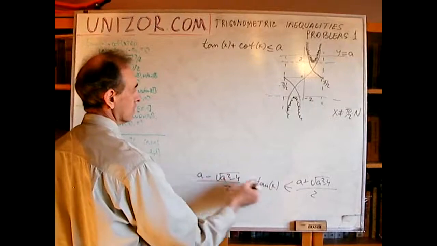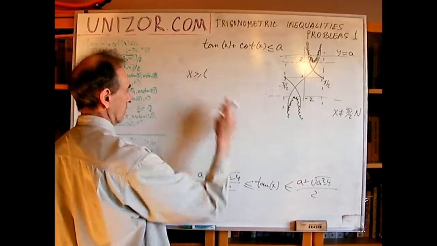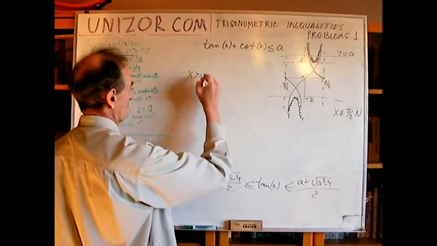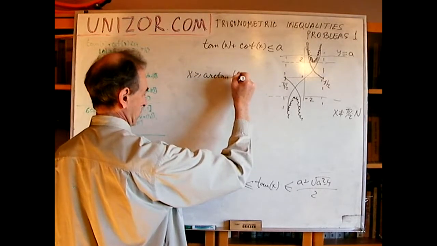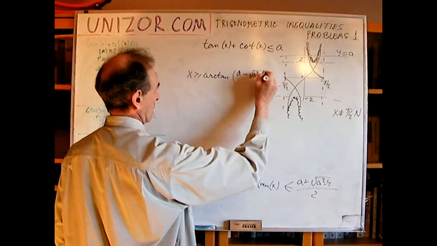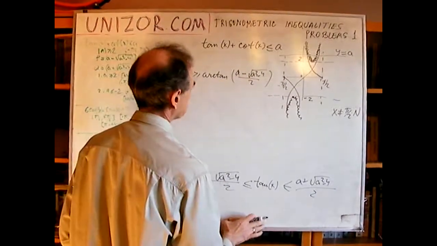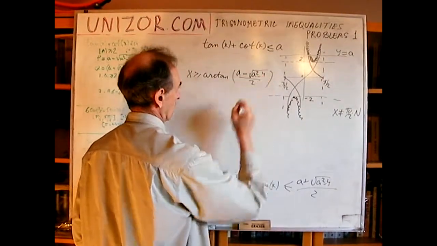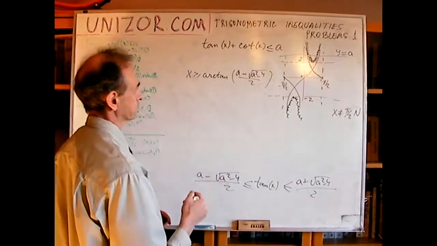So solution to the left part is x is greater or equal than arctangent of this guy, right? This is minus. That's solution to this one.